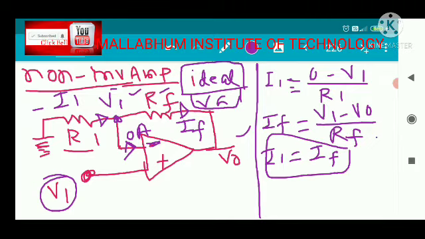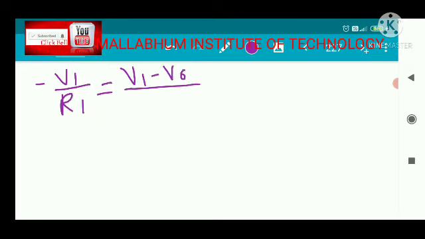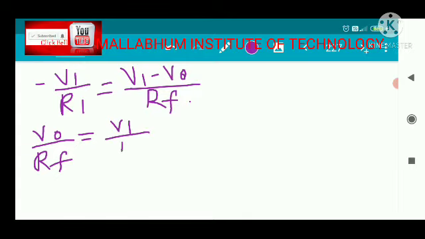Equating both these two, minus V1 divided by R1 is equal to V1 minus V0 divided by RF. So V0 by RF equals V1 by RF plus V1 by R1.